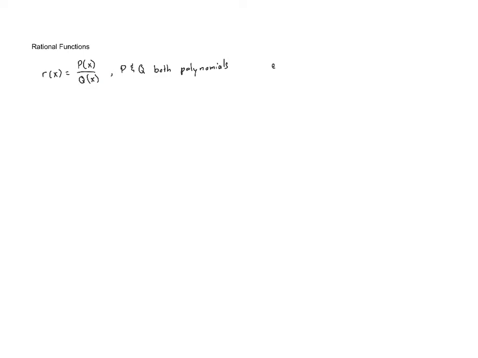So as an example of a rational function, we might have f of x equals x plus 2 over x squared plus 2x minus 3. Now, although rational functions are constructed from polynomials, their graphs can end up looking quite different, and the biggest difference comes from the fact that the domains are not necessarily all real numbers.